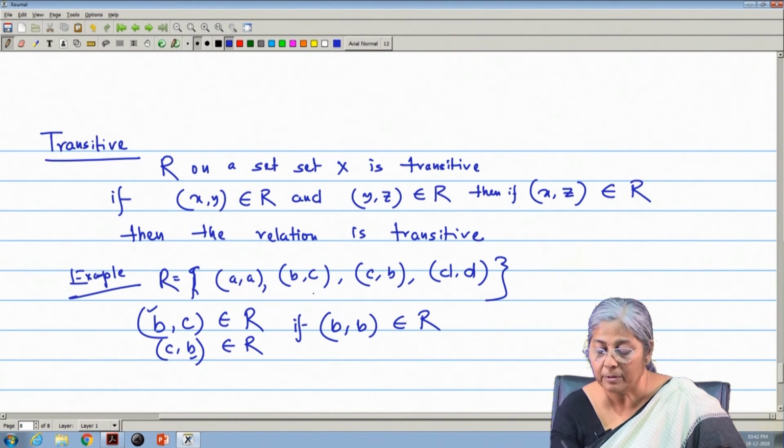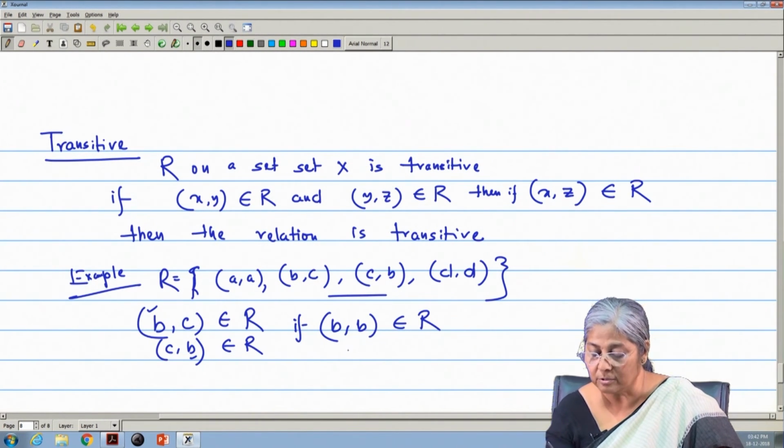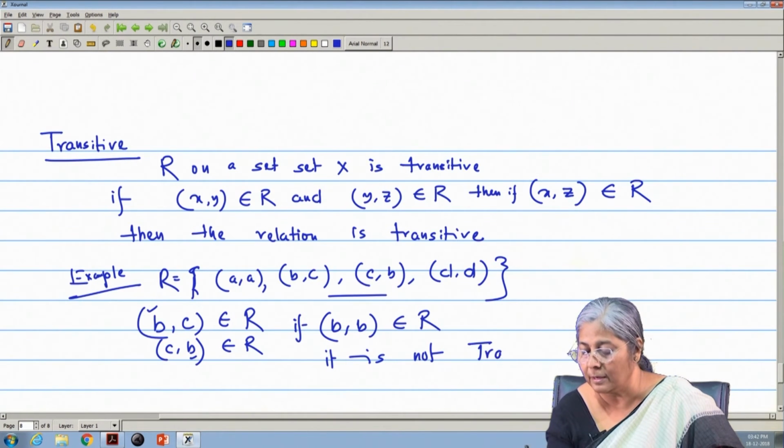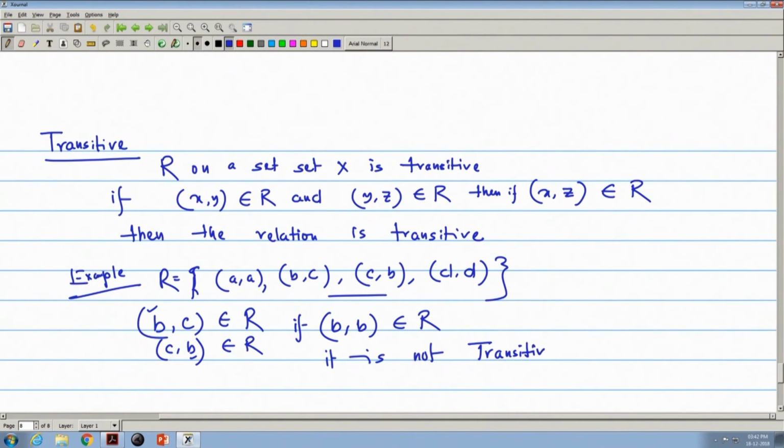But what we observe is that B B is not in this relation. So, it is not a transitive relation.